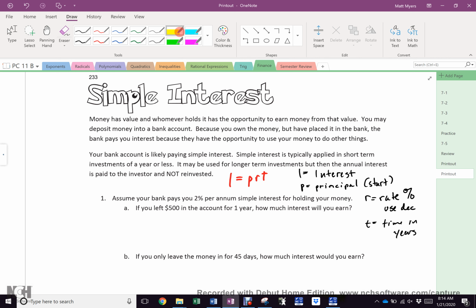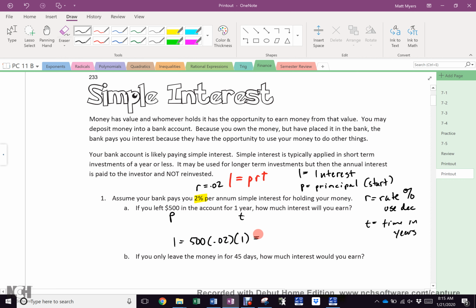So, you see right there your bank pays 2%. What's that? That is your R. We don't use 2%. What do we use? 0.02. $500, there's your P. 1 year, there's your T. And you just fill it in. I equals 500 times 0.02 times 1 equals.